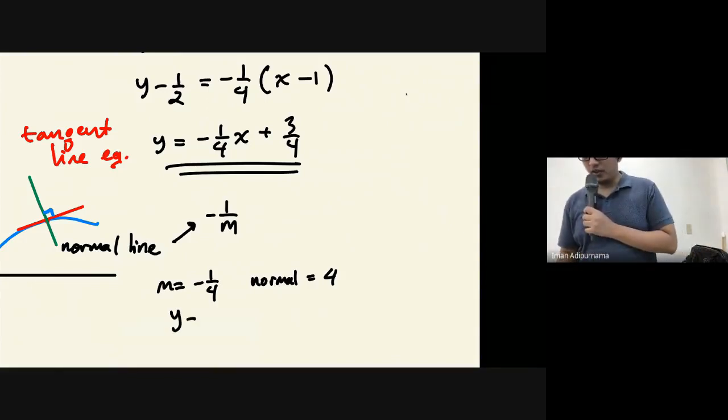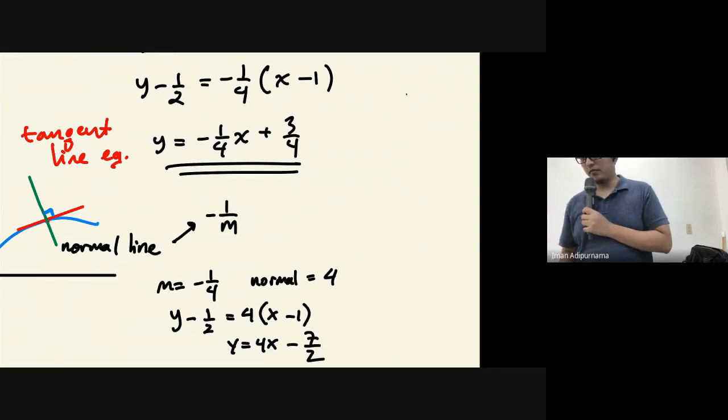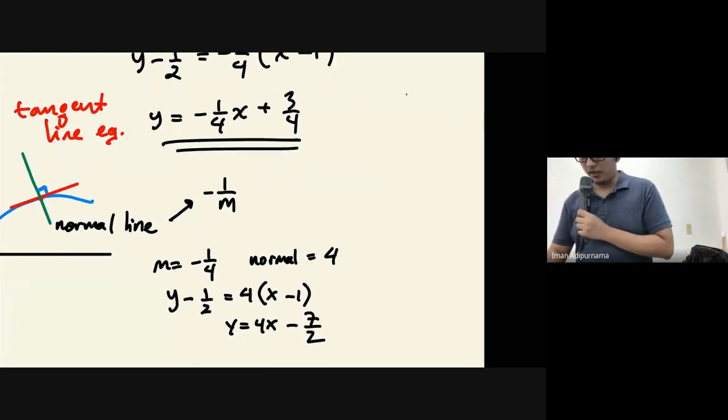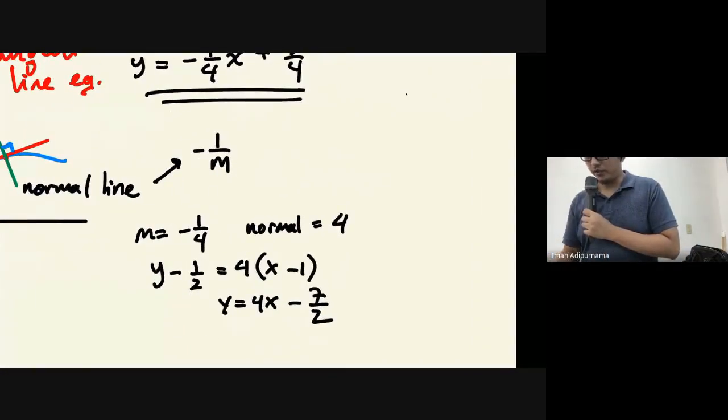Then your equation will be, changing the gradient into 4. And this is the normal line equation.